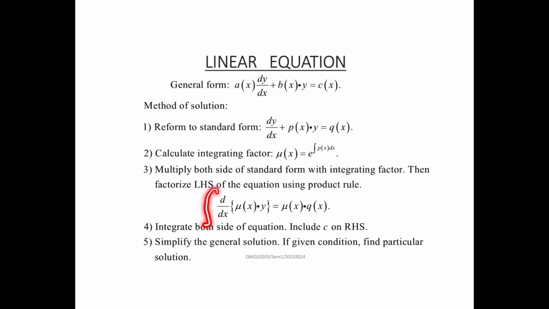Because we have an equal sign, the other side also must be integrated. So integrate both sides of the equation. When we integrate here, we get rid of d over dx, so you have mu(x) multiply y. And this one, you integrate plus c.